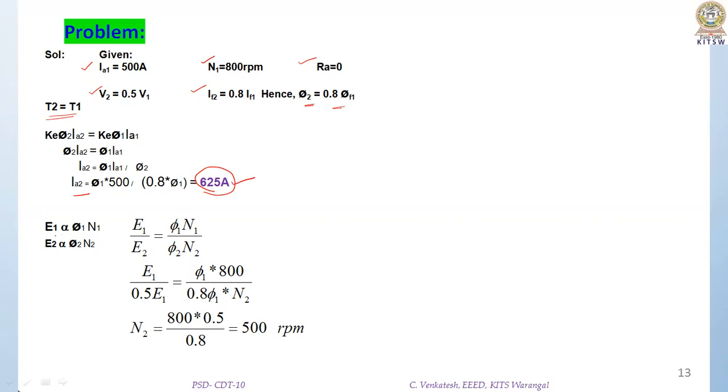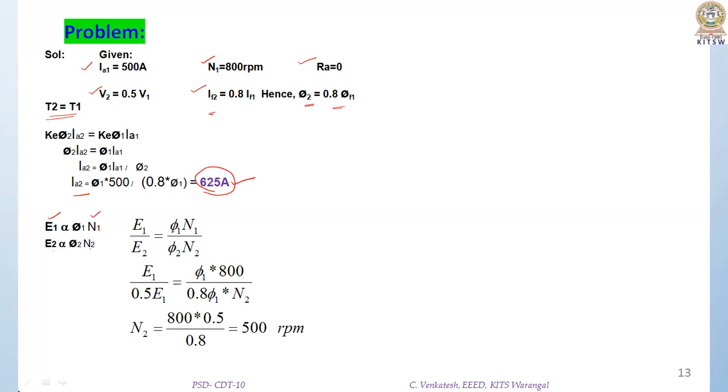Now, for the second case, when the flux is changed, what is asked? You have to find the speed. To find the speed, we can use the back EMF speed relation. We have E1 proportional to phi1 into N1 and E2 proportional to phi2 into N2.